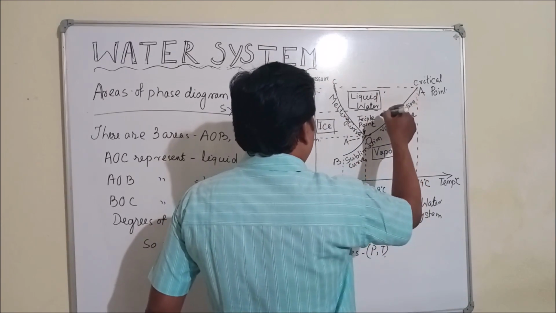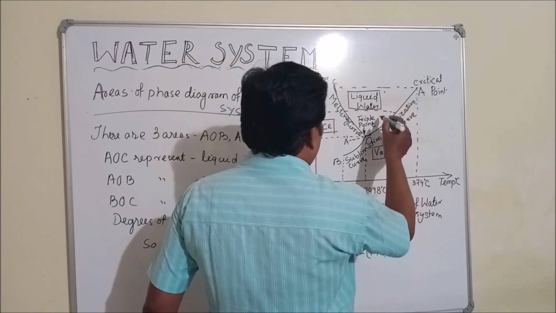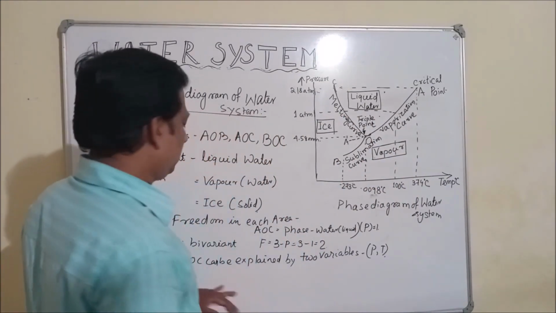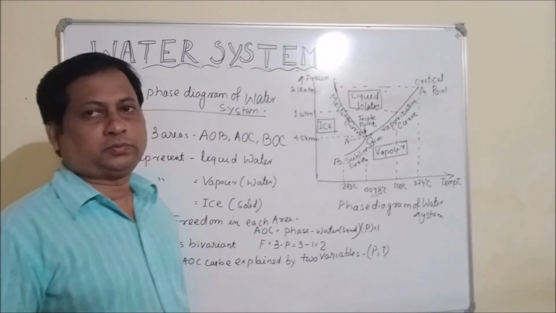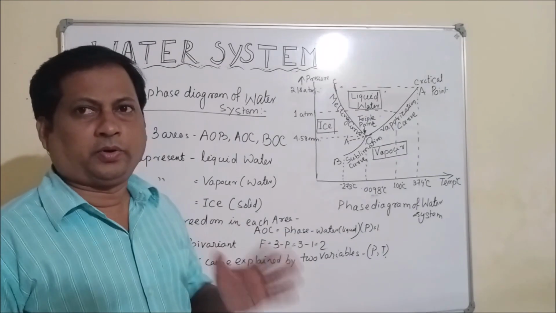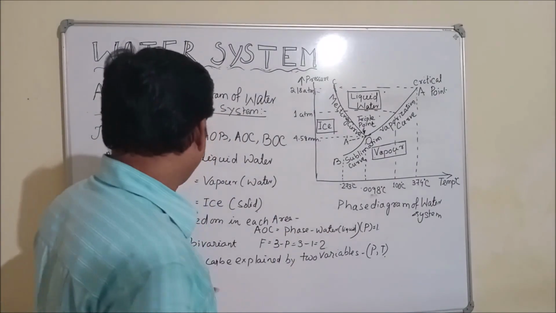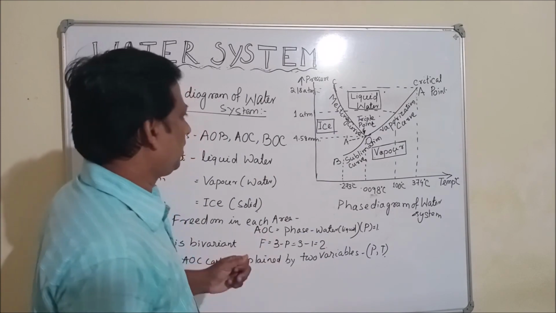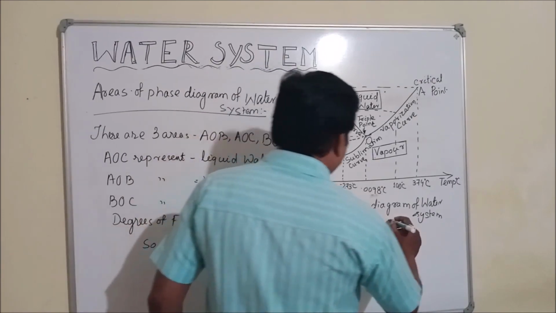Suppose this point: it has a temperature value and also a pressure value. So any point can be explained by two variables, so this is bivariant. Similarly, other areas are there.